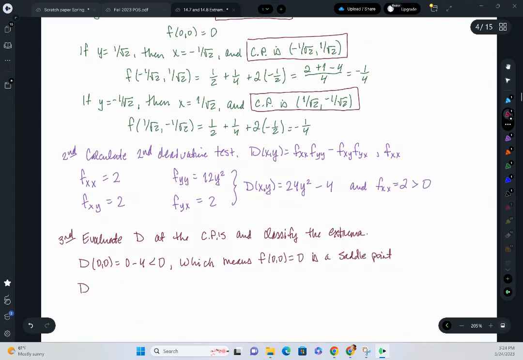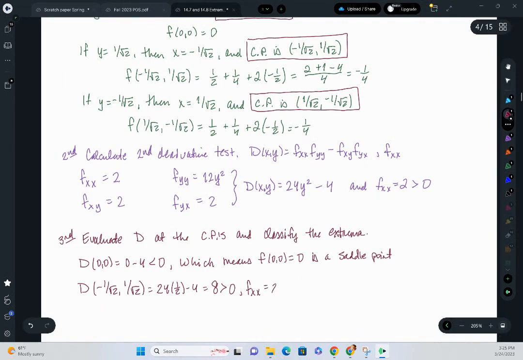Okay, now let's look at big D of negative 1 over root 2 with positive 1 over root 2. Plug that in. We're only concerned about the y value and then squaring it. Squaring a 1 over root 2 gives me a half. So I get 24 times a half minus 4. It's going to be 12 minus 4, which is 8. That's positive.